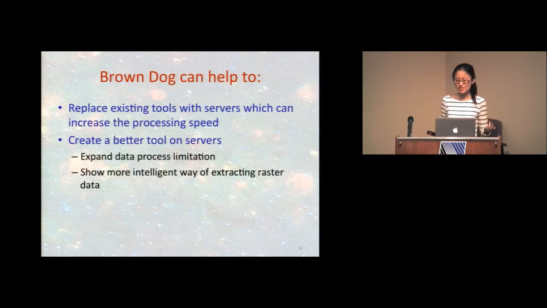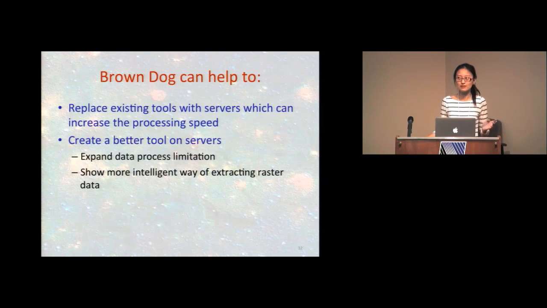So, summary, what Brown Dog can help me with in the research is it can replace existing tools with services. Sorry, it's not services. Service, the wrong word. But the services can increase my processing speed, and can also generate a better tool on the service itself.